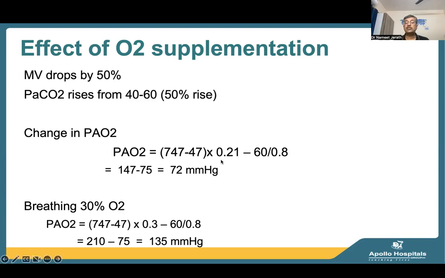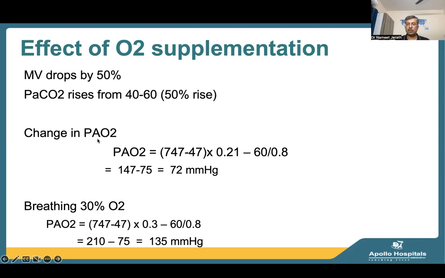We multiply it with the room air FiO2, and the PCO2 is 60 with the respiratory quotient of 0.8. When you do the calculations, the PaO2 comes to around 72. So a child breathing room air, when the minute ventilation drops by 50%, the PaO2 is around 72.